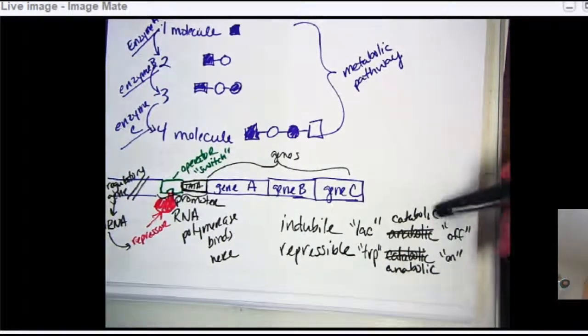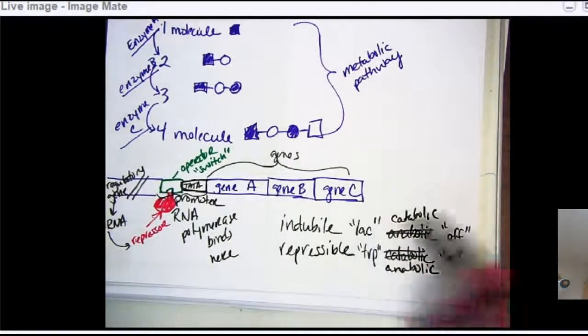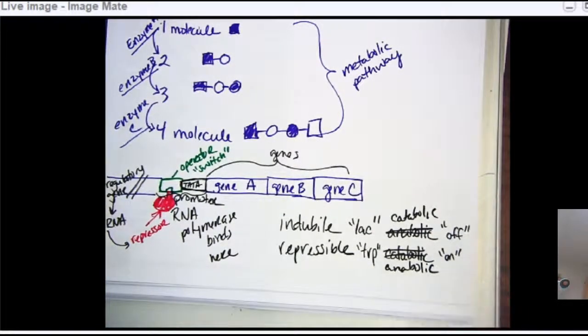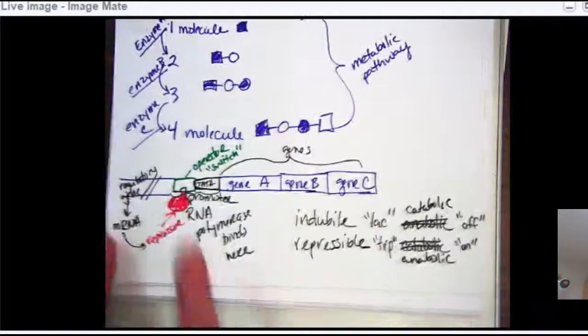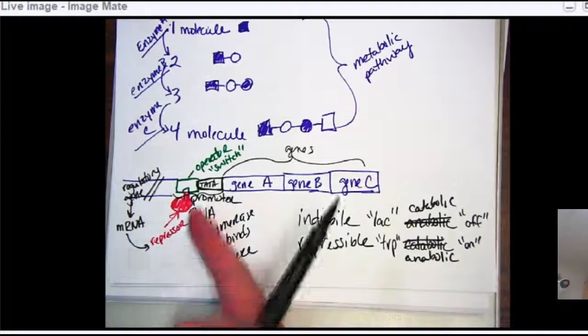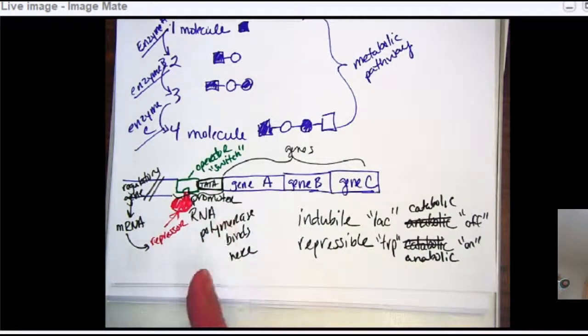Catabolic is breaking down. So the lac operon makes enzymes that break down lactose. So that's a catabolic pathway. The trp operon is an operon that builds an amino acid. So this is anabolic. If the repressor, when it goes through transcription and translation, is in the conformation where it will bind to the operator, then the switch will normally be off.